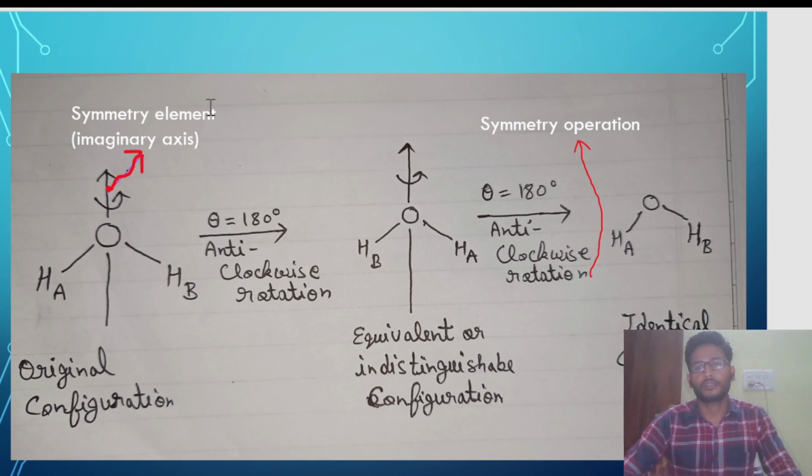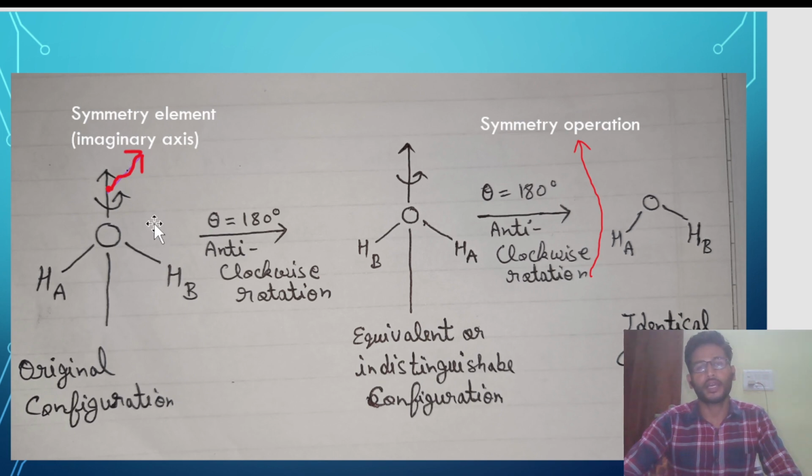Symmetry elements and symmetry operation we can easily understand with the help of the water molecule. In the water molecule, we label the hydrogens HA and HB for understanding, but both hydrogens are identical. We pass an imaginary line through the oxygen atom, and this imaginary axis is called the symmetry element.